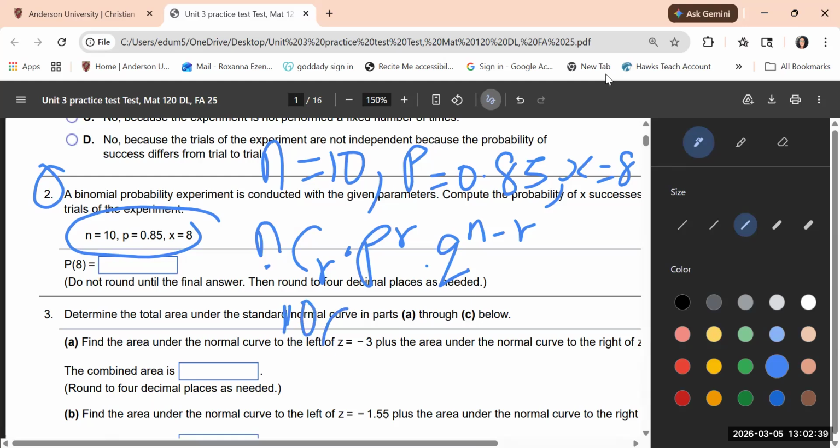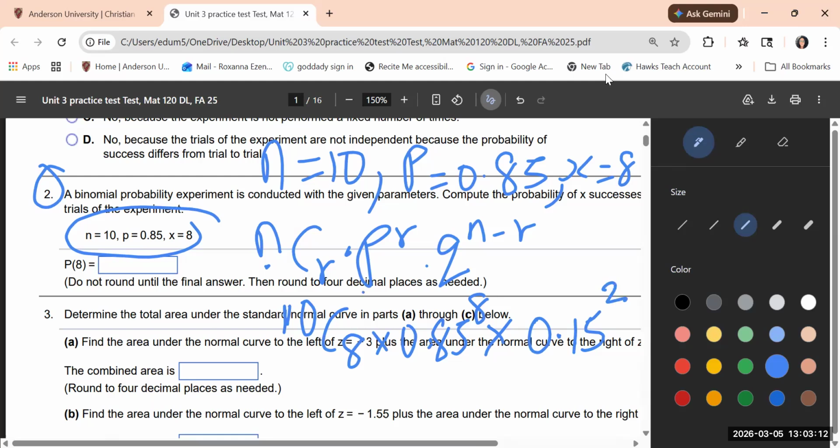So 10 combination 8. Success is 0.85 multiplied by 0.85 to power 8 multiplied by the difference between 1 minus 0.85, which is 0.15. So failure is 0.15 to power 10 minus 8. 10 minus 8 is 2.